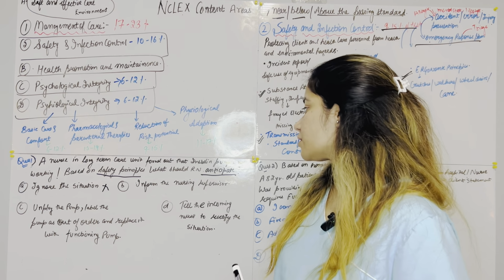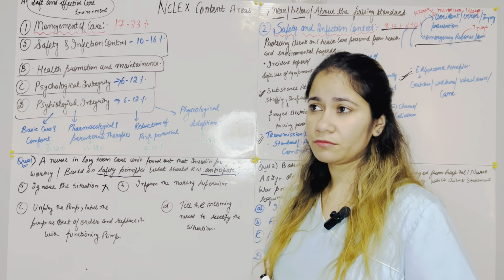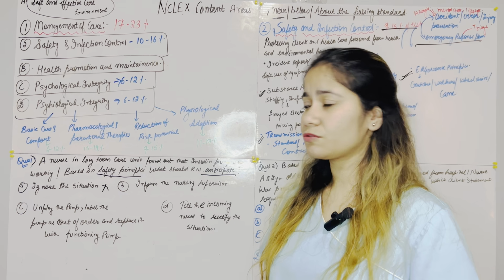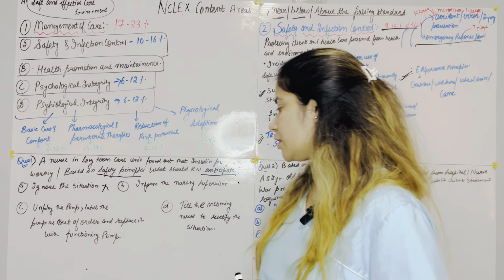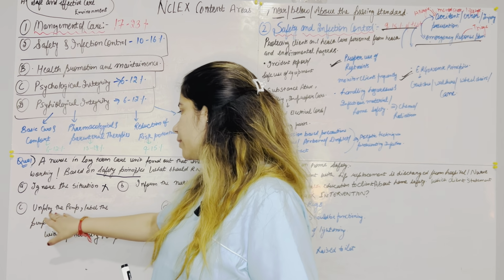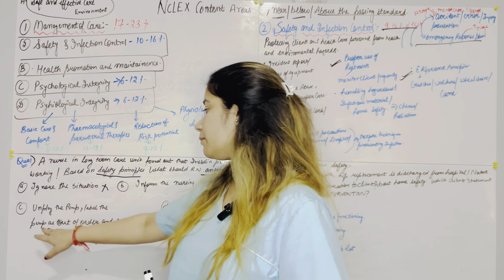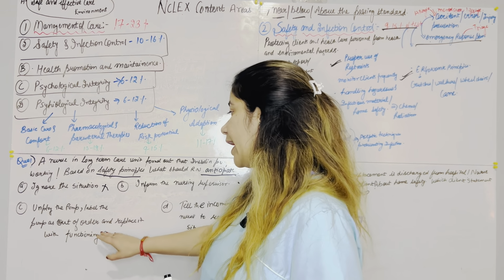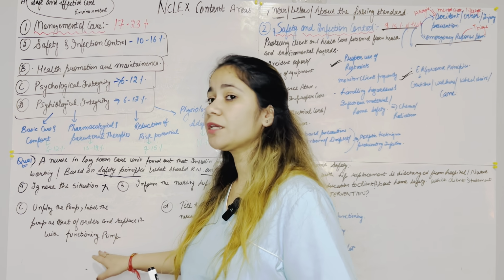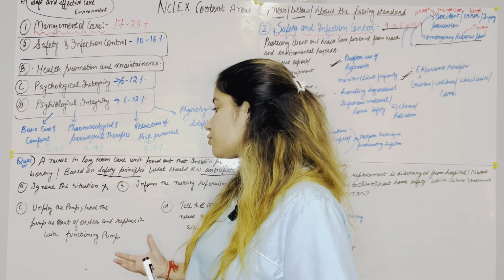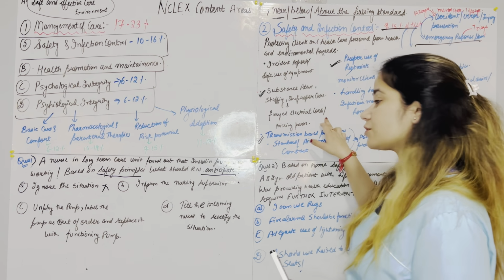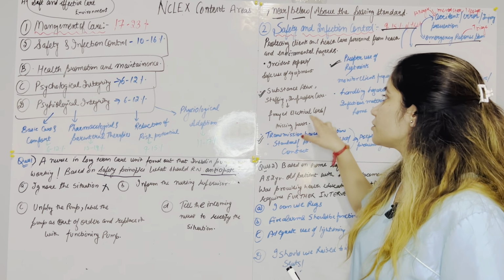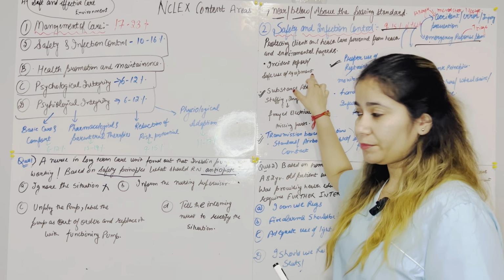The next option is inform the nursing supervisor. We can inform the nursing supervisor. Okay, we can keep that option in our mind. The next option is unplug the pump, label the pump as out of order and replace it with a functioning pump. Well, this seems to be correct because I have already discussed frayed electrical cords, missing parts, and safe use of equipment.